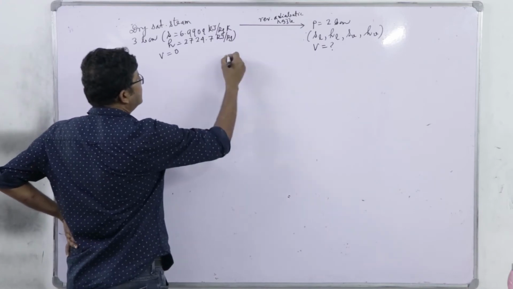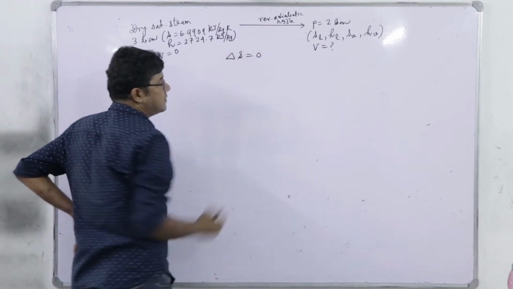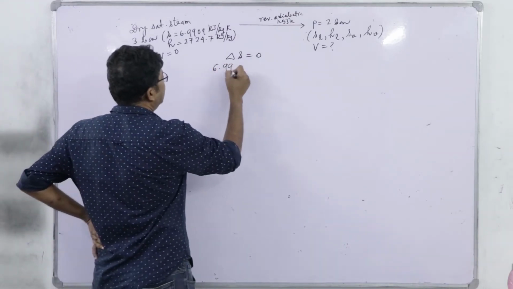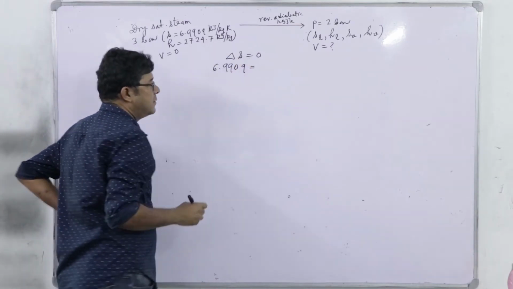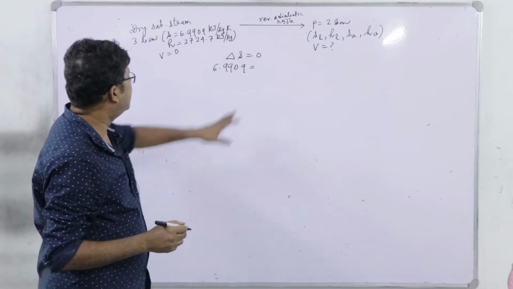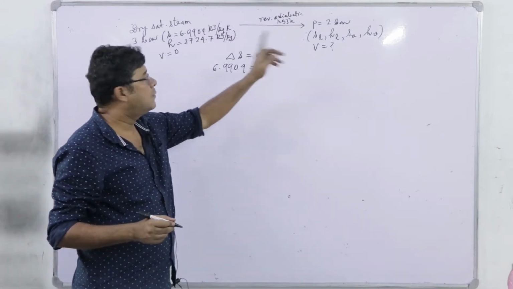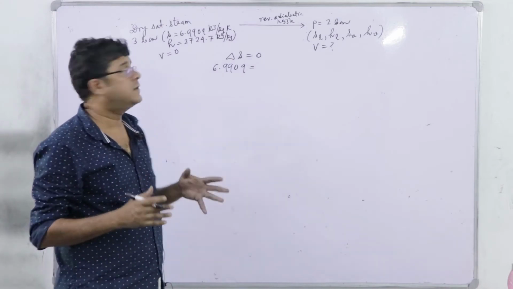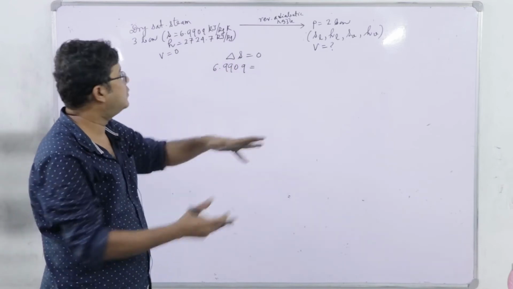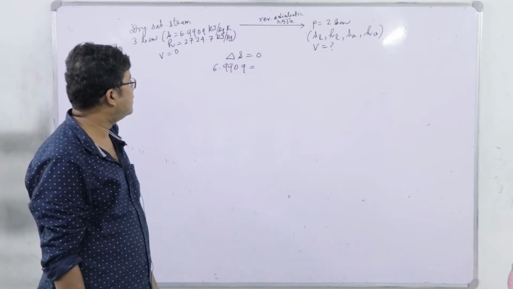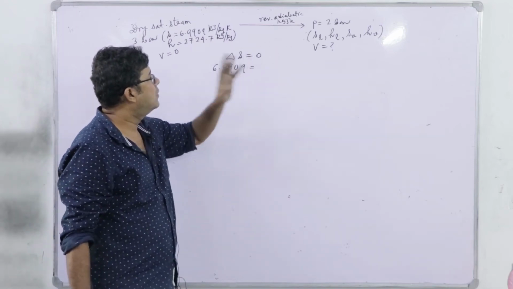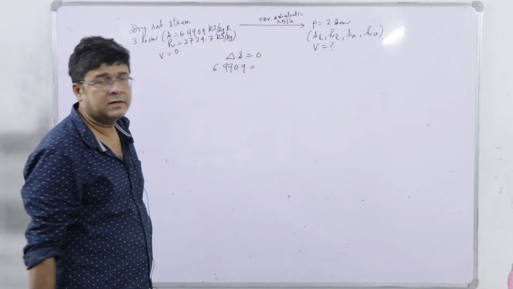First, as it is a reversible adiabatic nozzle, so delta S must be equal to 0, right. So, 6.9909 is the inlet per unit mass entropy. Now, here on this side we do not know what is the state of the saturated steam, because from 3 bar it is going down to 2 bar. So, you do not know what is the situation there. So, what we will do? We will consider a 2 phase, right.